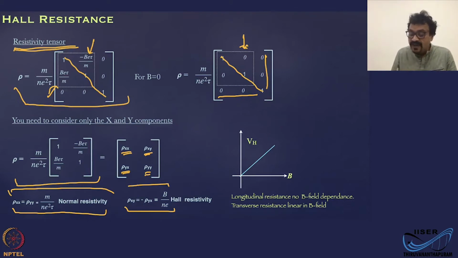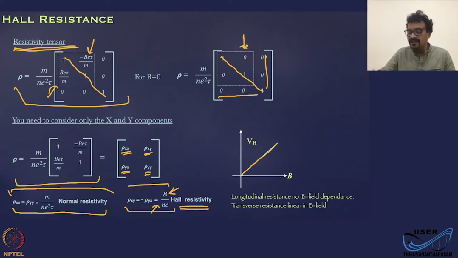The off-diagonal components, rho xy is negative of rho yx, is B by Ne, that is the Hall resistivity. And the Hall resistivity is proportional to B and inversely proportional to N. So directly from this slope you can calculate the carrier concentration.